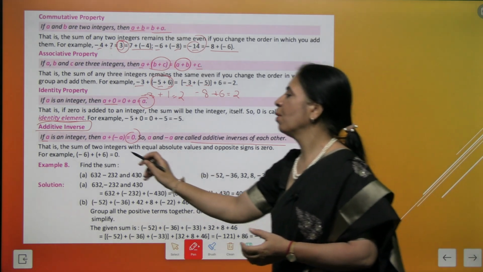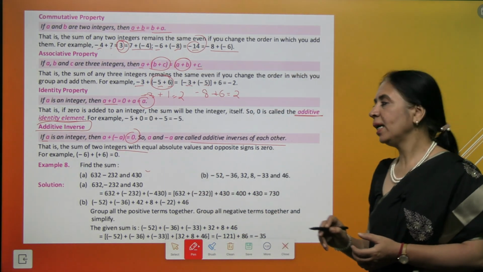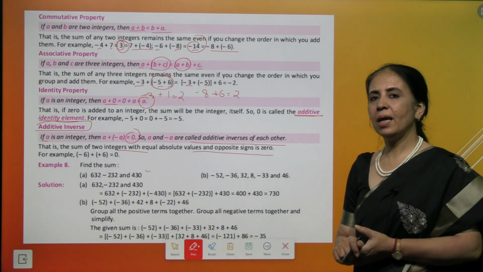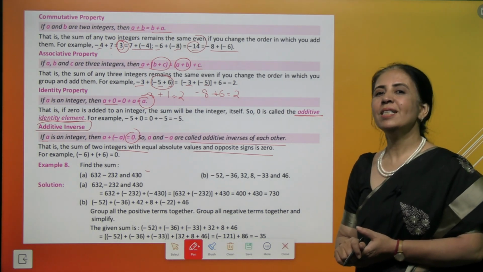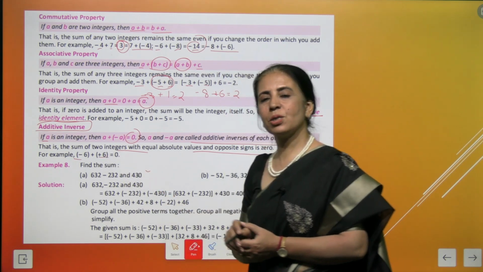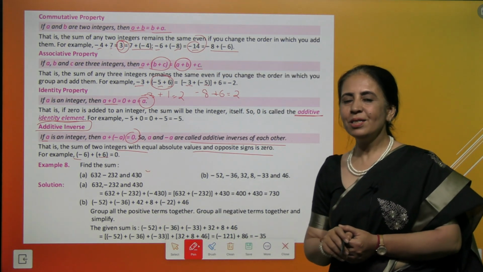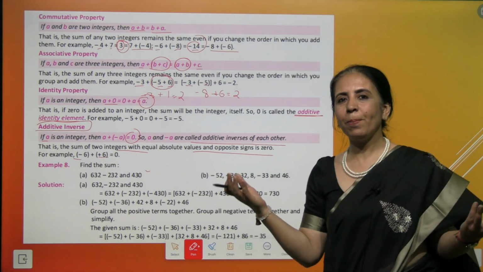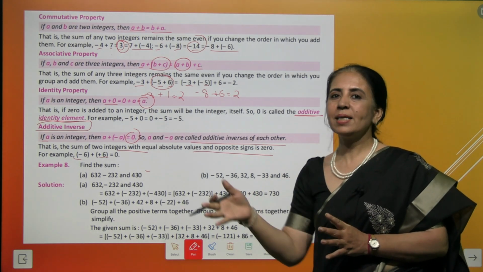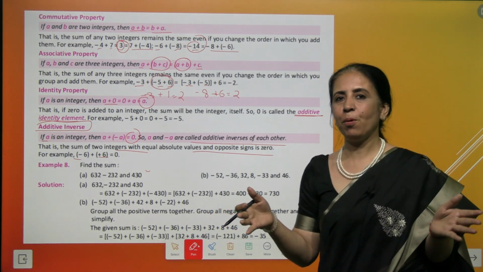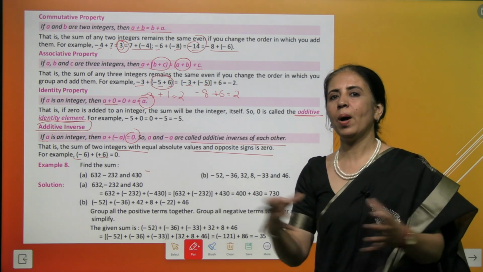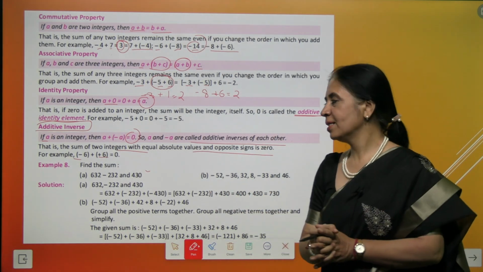That means the sum of two integers with equal absolute values and opposite sign is always equal to 0. तो हमने अगर -6 और +6 को ऐड किया तो क्या आएगा 0, और -20 और +20 को ऐड किया अगेन वी गेट 0. तो एक सेम नेगेटिव नंबर और सेम पॉजिटिव नंबर, चाहे वो जितना भी छोटा हो जितना भी बड़ा हो, उनको ऐड करेंगे वी गेट 0.